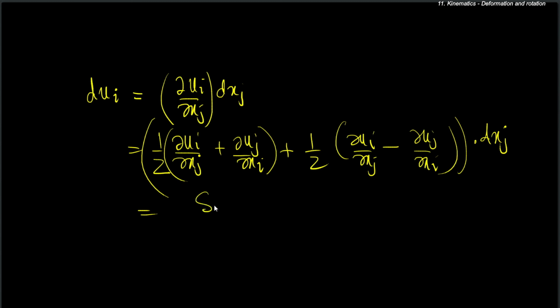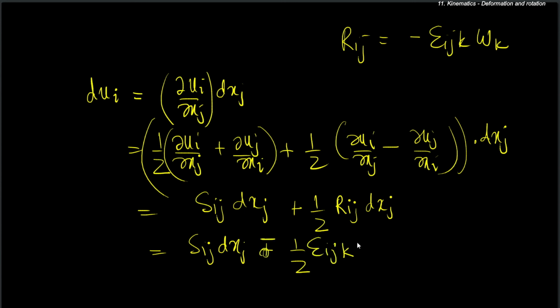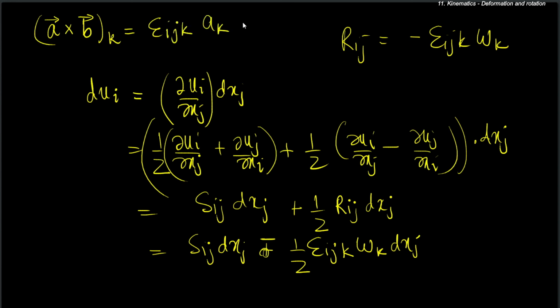So this is Sij dxj plus half Rij dxj, and Rij we've just obtained is minus epsilon ijk omega k. So this becomes Sij dxj plus half, so this becomes minus, epsilon ijk omega k dxj. Now for a cross product between two vectors a cross b, the kth component of this is epsilon ijk ai bj.